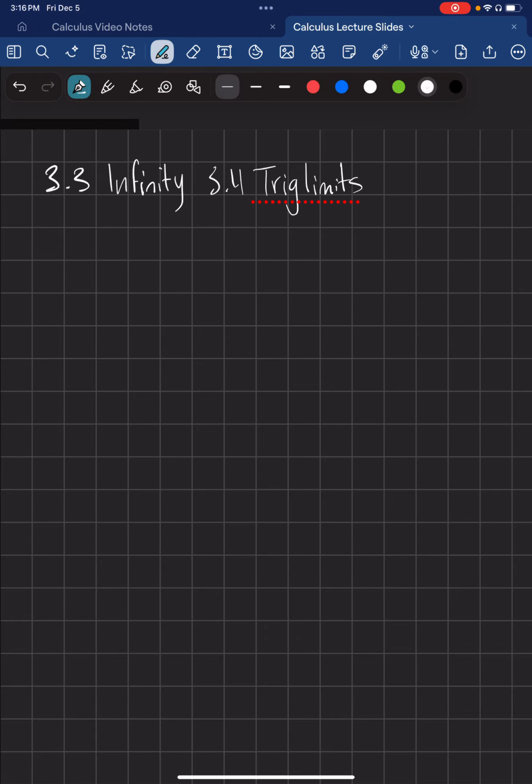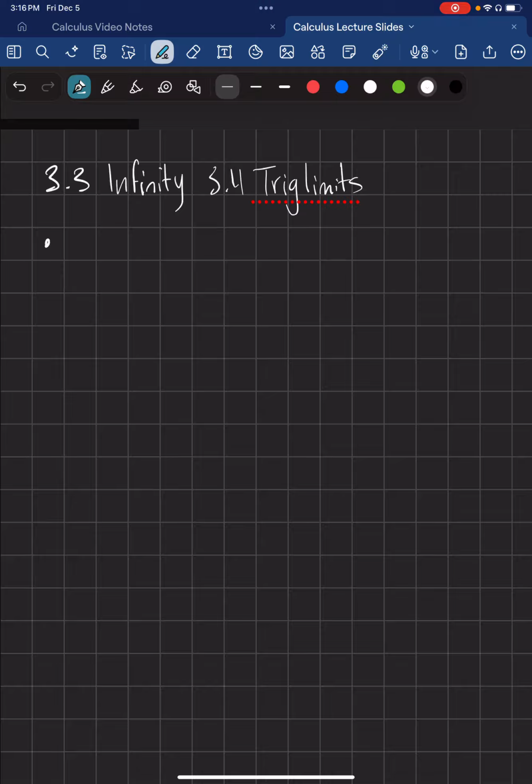All right. So to start off, we're going to go over infinity. Essentially, what we're doing when we're trying to figure out infinity is we're taking limits, right? A limit as x approaches some certain value.